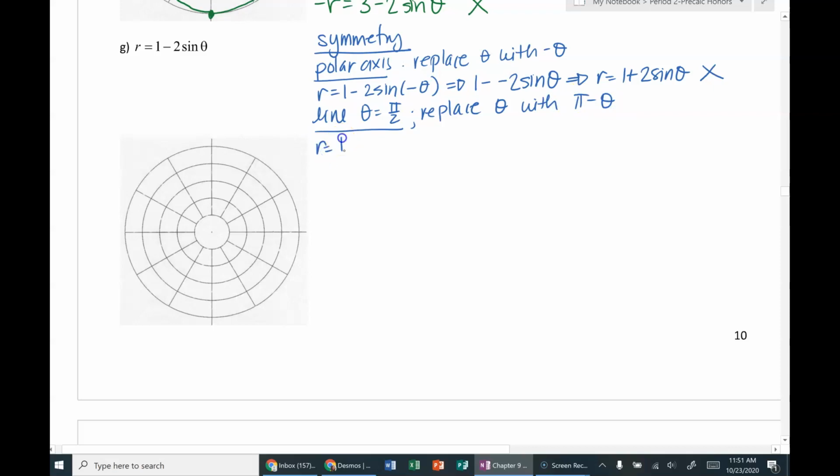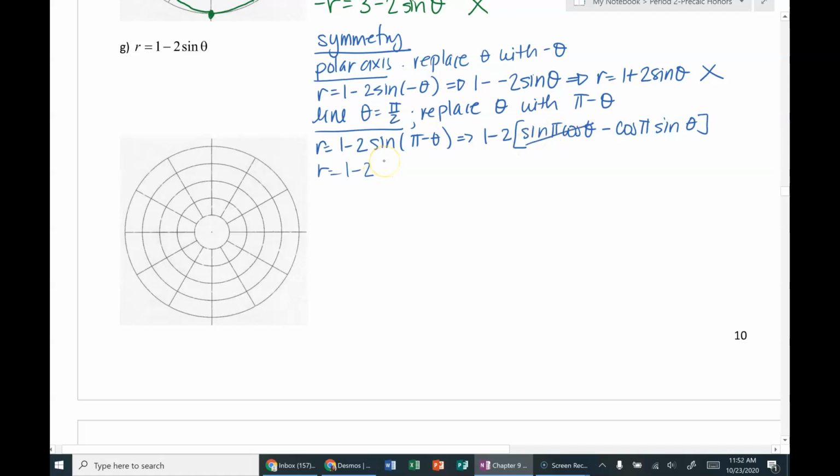So r equals 1 minus 2 sine of pi minus theta. 1 minus 2 open bracket, the difference of angles, that's sine of pi times cosine of theta minus cosine of pi times sine of theta, close bracket. All right, so r equals 1 minus 2 sine of pi, that's going to be 0.